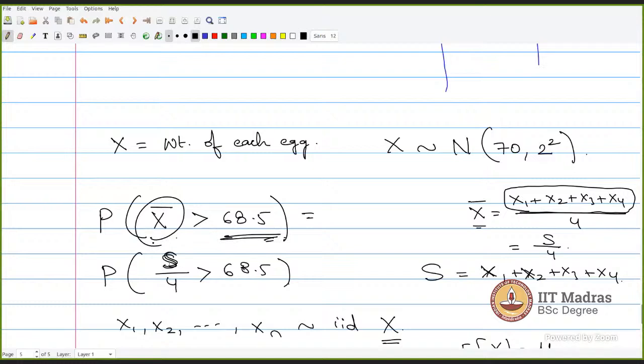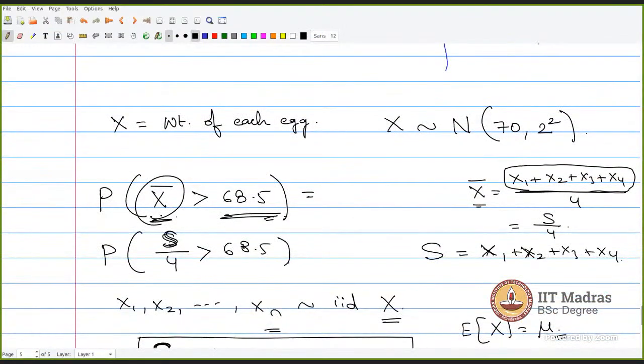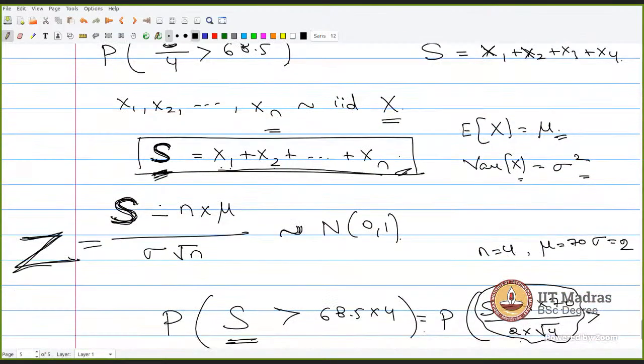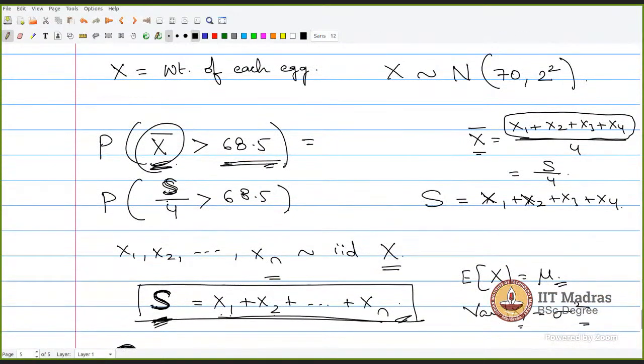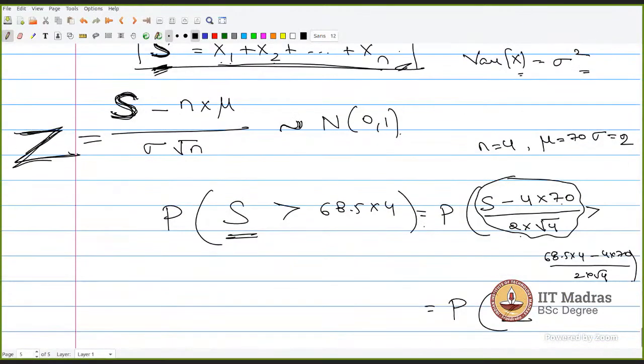If you don't know how to convert x bar to standard normal, just convert x bar to S, and then S to standard normal Z. Whatever random variable is given to you, convert it in terms of S. Once you can do that, later it's just conversions. So the x bar random variable is converted to S, and then S, with some operation, is converted to standard normal.